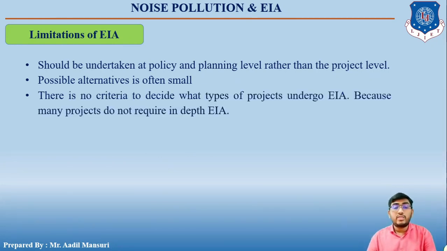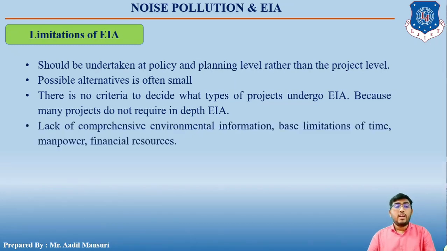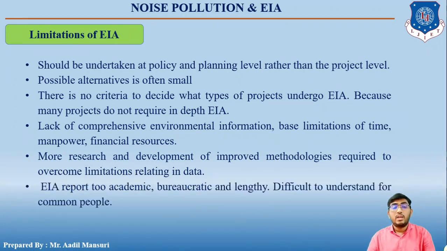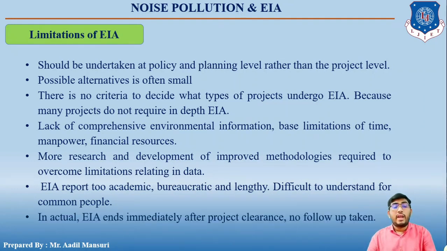There is no criteria to decide what type of projects undergo EIA, because many projects do not require in-depth EIA, and there is a lack of comprehensive environmental information, limitation of time, manpower, financial resources, and so on, and more research and development of improved methodologies is required to overcome limitations related to data. The EIA report is too academic, bureaucratic, and lengthy, difficult to understand for common people, and in actuality, EIA ends immediately after project clearance, so no follow-up is usually taken.